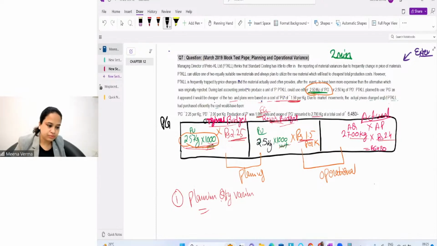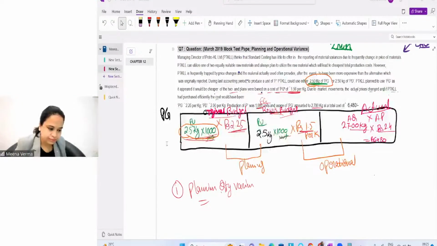Okay. So the point is that you will see here that actual quantity, okay, that's it. It's not given, right? Okay, you can read the question, you can check, it is the same, right?